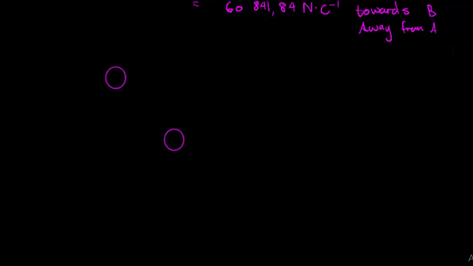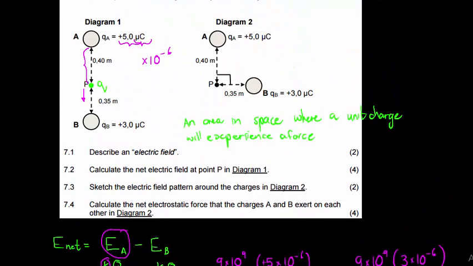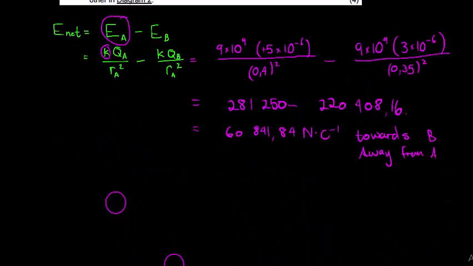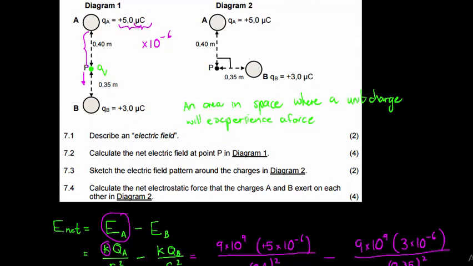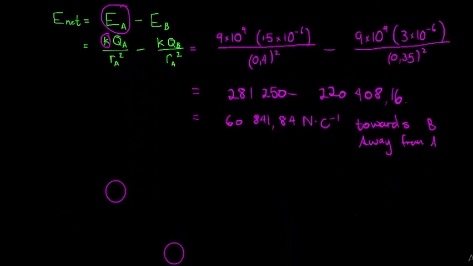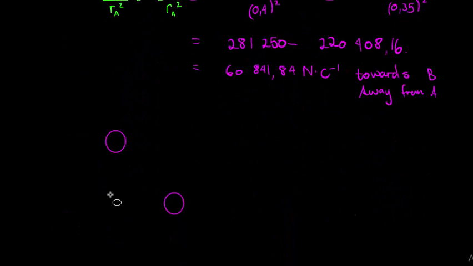Charge A is slightly larger than charge B. First of all, we need to draw a middle line between them, but because charge A is slightly larger than charge B, the middle line won't be in the center, it will be slightly off center.